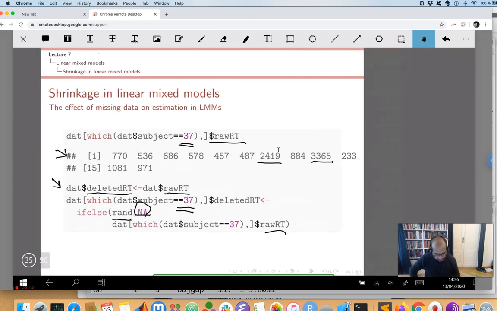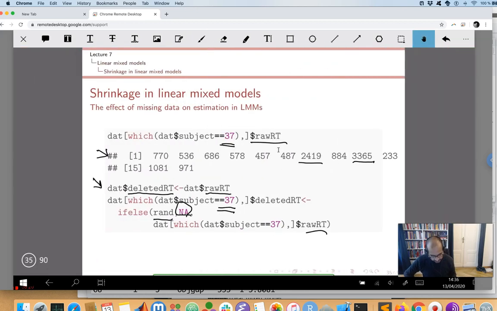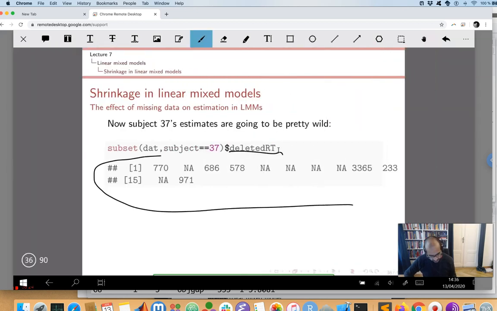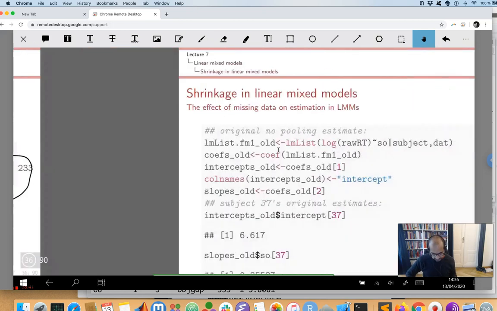So I convert the data for subject 37 from those 16 data points to a data vector where I've got 1 2 3 4 5 6 missing data points. Okay, I've deleted some data here.